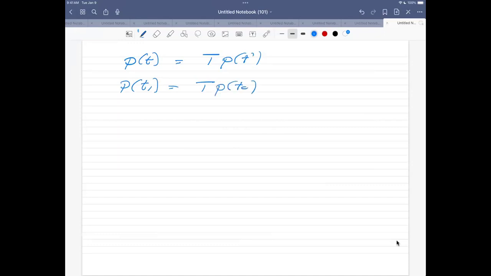What we can assume is that this P of t0 is a quantity which we know. And if we look more closely at this type of process, we can set this up for a time t_m, and this is given by T acting m times on this P of t0.